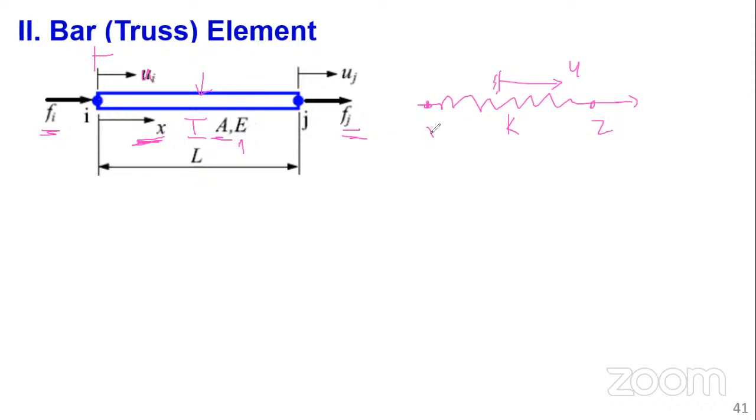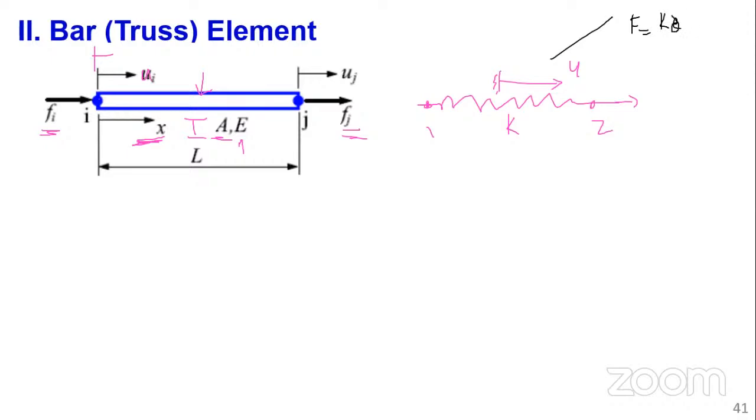So you can see there is a kind of relationship or similarity between a truss member and the spring that we talked about. And just to jog your mind, we said the elemental stiffness matrix follows Hooke's law, F equals KE. This is the basic one that you started with, right?